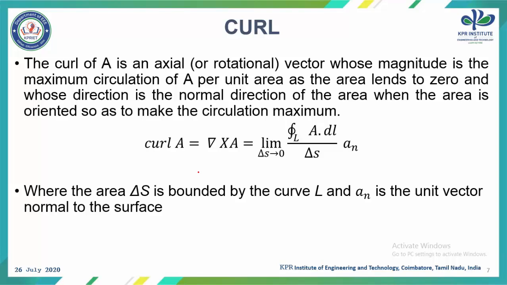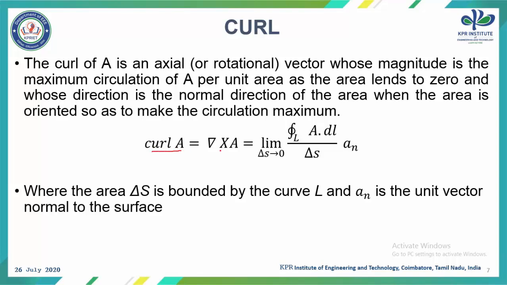The curl of A is an axial or rotational vector whose magnitude is the maximum circulation of A per unit area as the area tends to 0, and whose direction is the normal direction of the area when the area is oriented so as to make the circulation maximum.